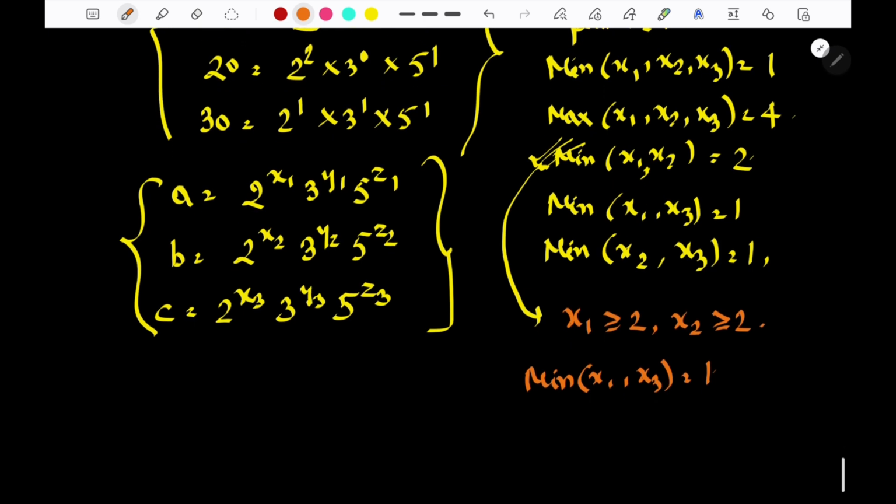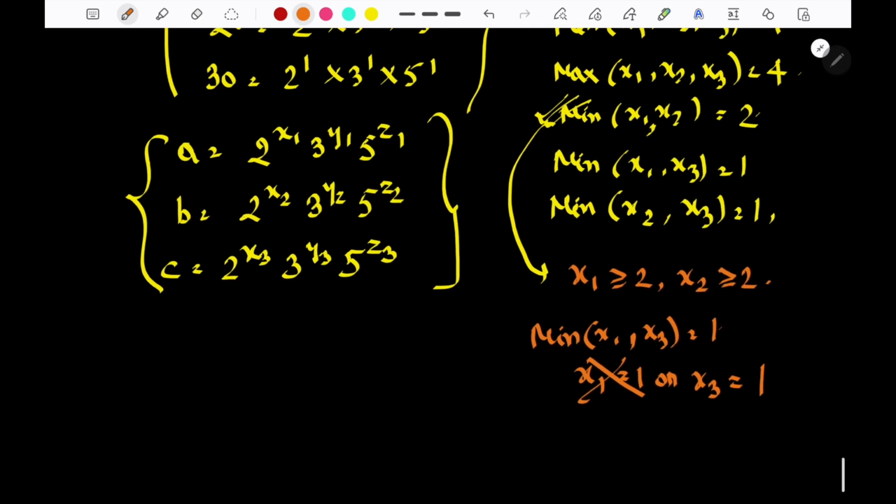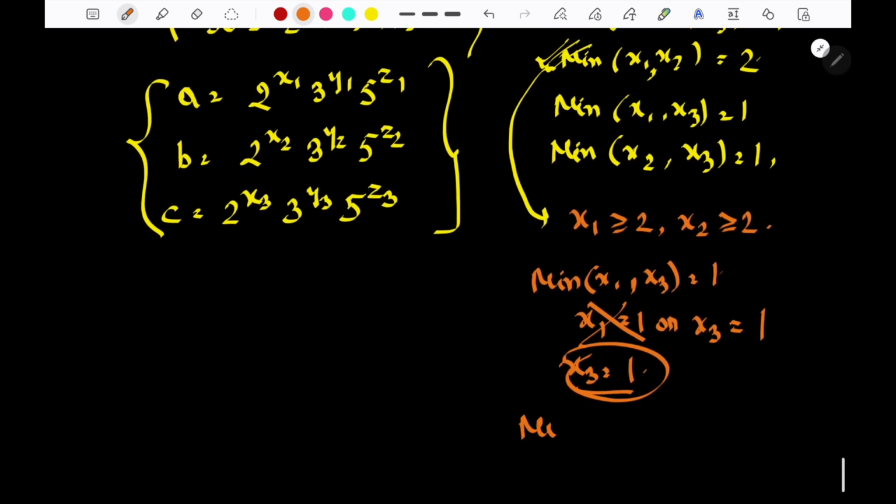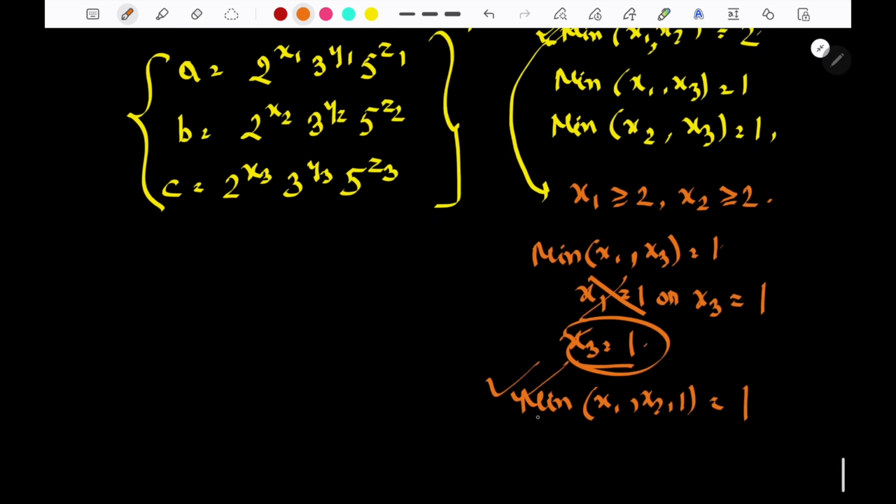It means minimum. So if I am talking of minimum, it means x1 is greater than equal to 2. It means either x1 is equal to 1 or x3 is equal to 1, but x1 cannot be 1, so therefore x3 is equal to 1. Done. Now we have minimum of x1 x2 1 is equal to 1, which is satisfied in this condition.